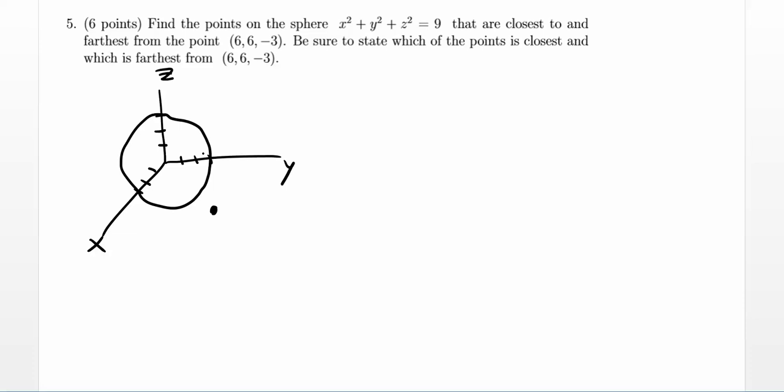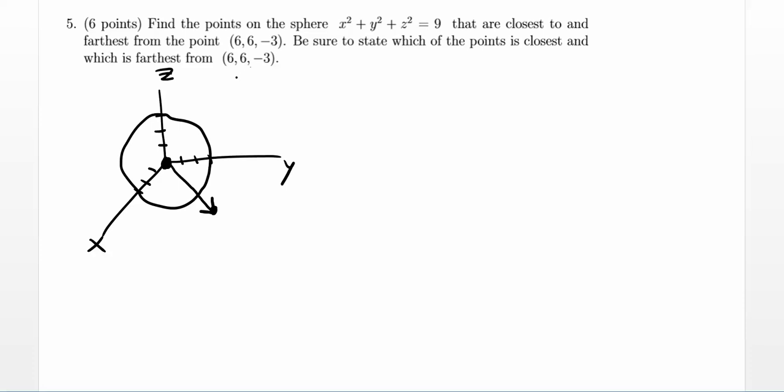Think about this picture in 3 dimensions, and think about a line or a vector that connects the origin to that point. It's supposed to be a 3-dimensional looking picture, but you've got a vector that goes from the origin to that point.